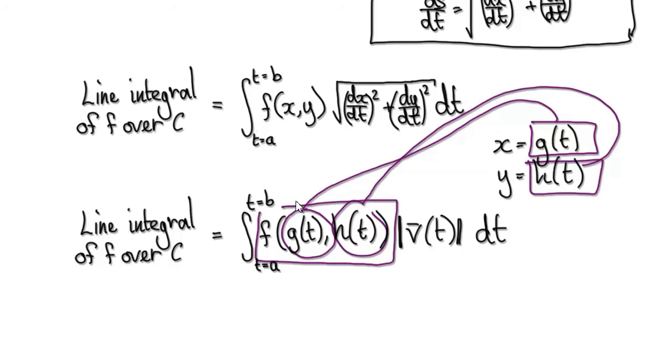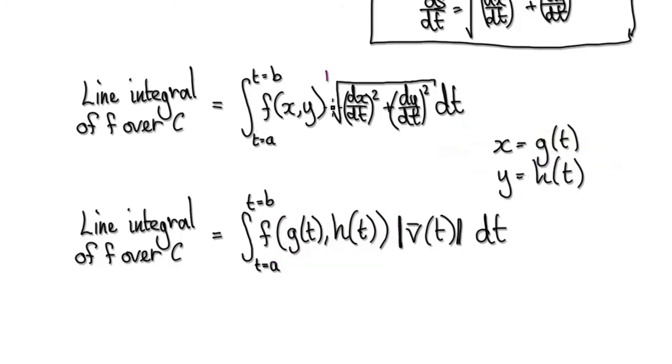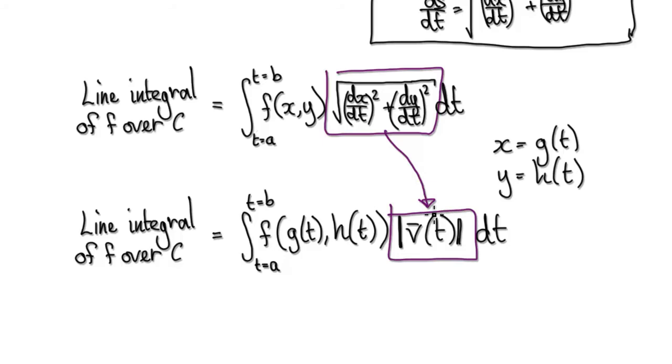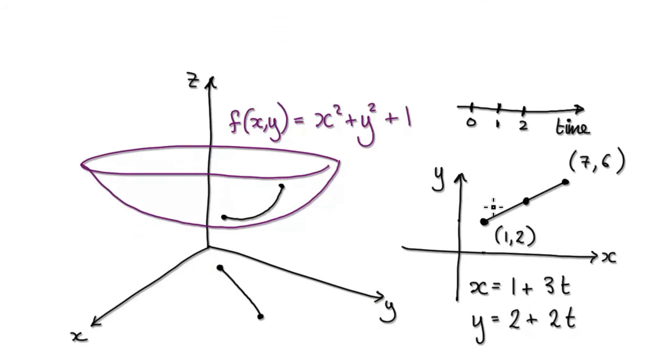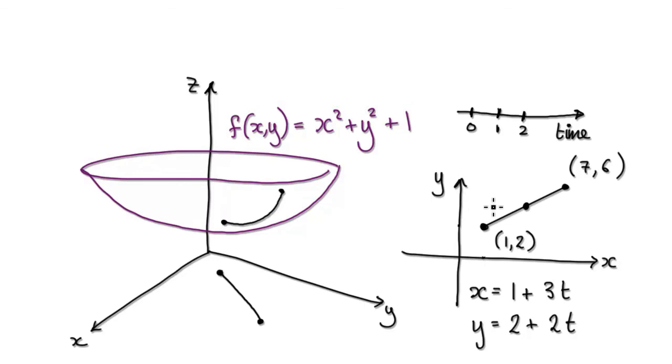And again, it will make sense when I give you an example. And this thing here is really your speed, the magnitude of the velocity. And then you've got to integrate everything in terms of time. Again, it will make sense when you see an example. So let's give you an example. I will continue in the next video.